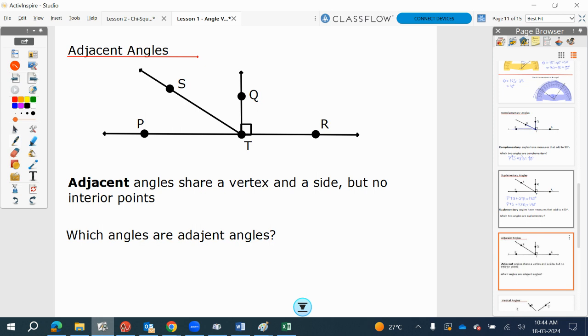Adjacent. Copy down the definition for adjacent. It's a bit more complicated. Adjacent angles share a vertex and a side, but no interior points. PTS plus QTS equals 90.